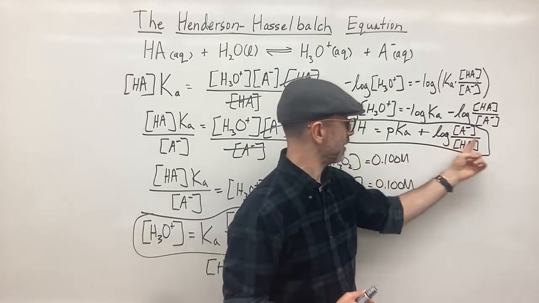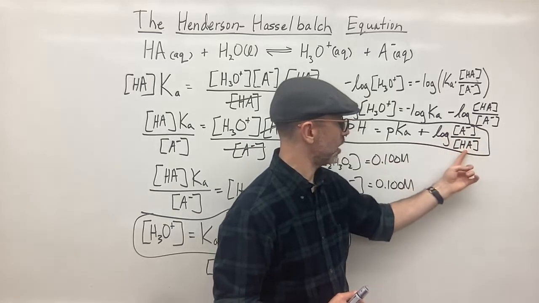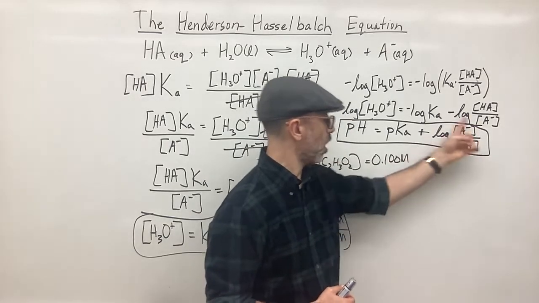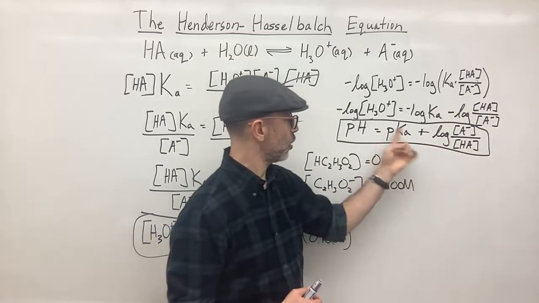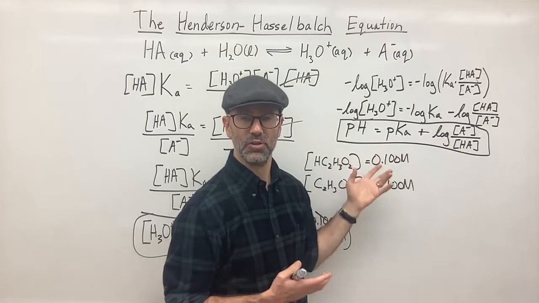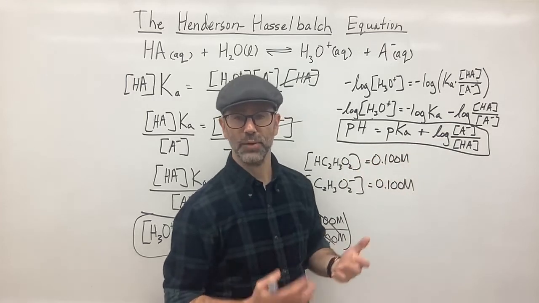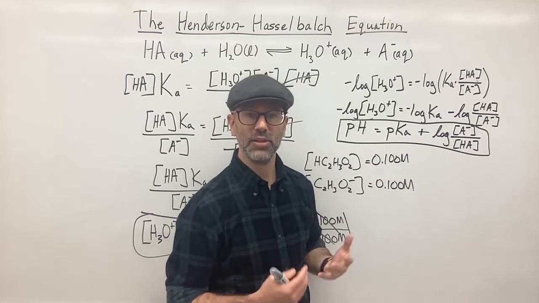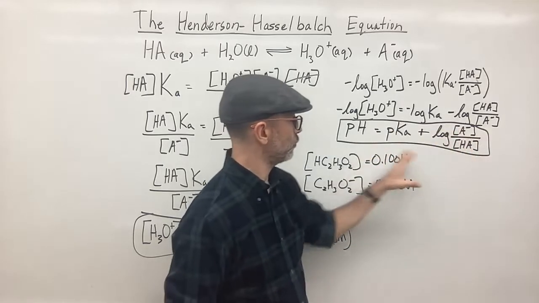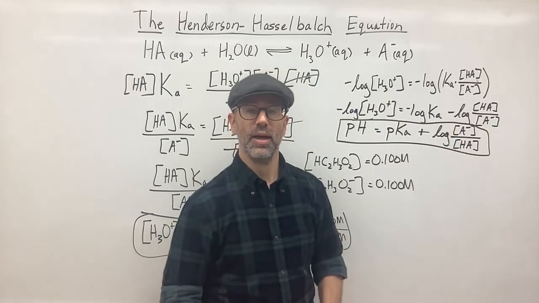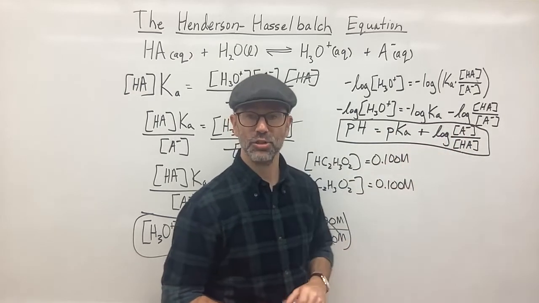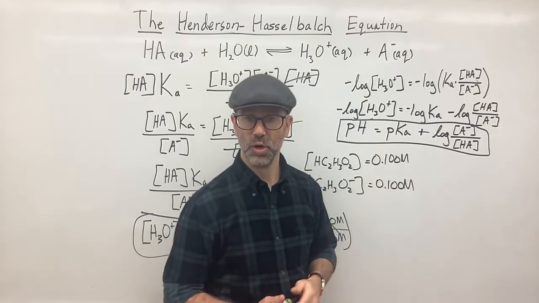And again, if I increase the amount of acid, then this gets smaller, and the log of that gets smaller. And so if I add that smaller number to the pKa, then the pH is going to be lower, which is what I would expect for increasing the acid. So this is a very useful equation, very quick if the X is small approximation works.